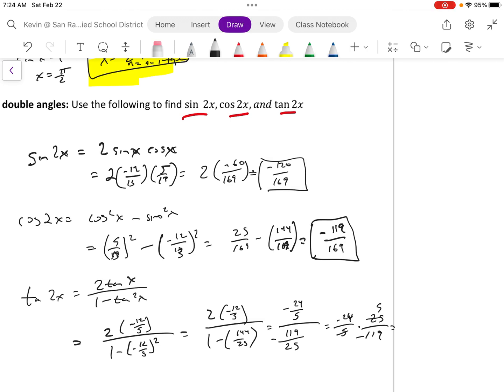I know there's a negative here because this winds up being positive. Sorry. I forgot about the negative here because this is 1, which was 25 over 25 minus 144 over 25. So that's why it was negative 119. And then negative over negative is positive. Okay, so that was it.